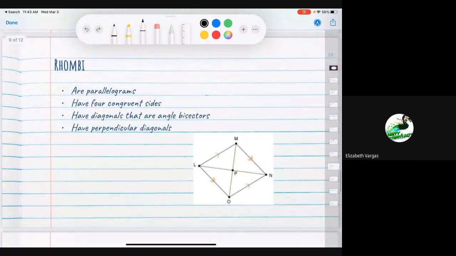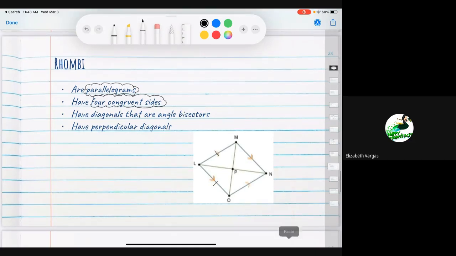So classifications for a rhombus, or rhombi. Rhombuses are parallelograms. Not every parallelogram is a rhombus, but rhombuses are parallelograms. They have four congruent sides, right? That's how we differentiate between them. So all their sides are congruent to each other. They have diagonals that are angle bisectors.